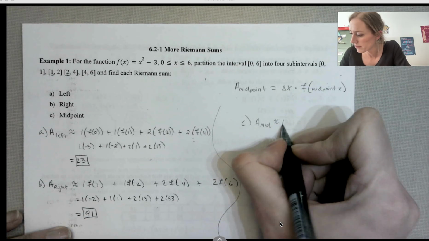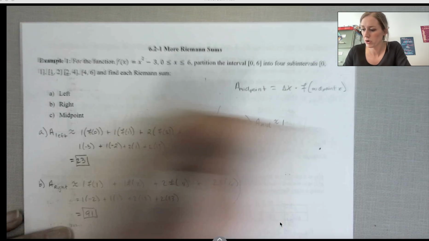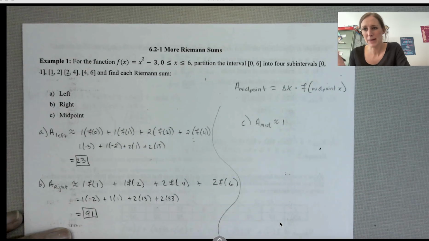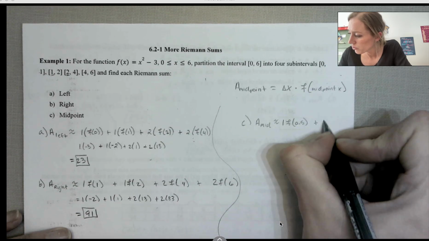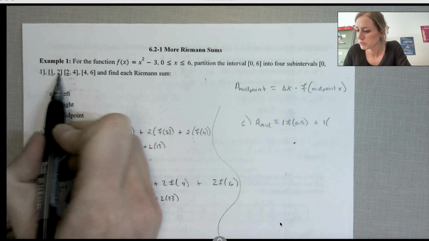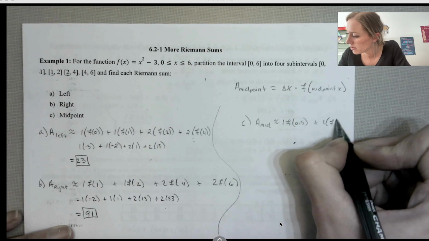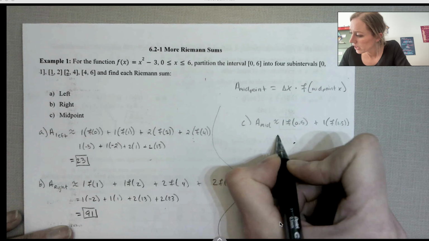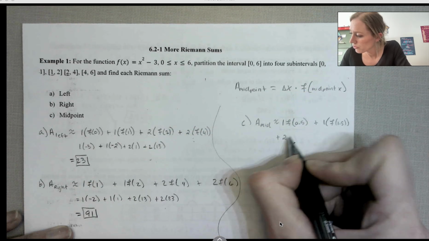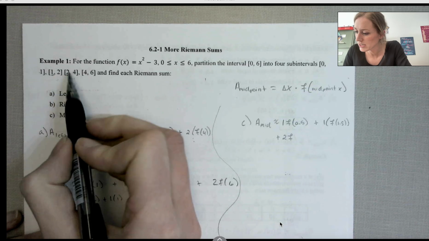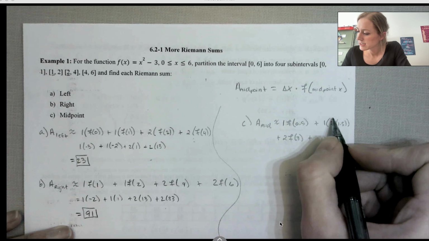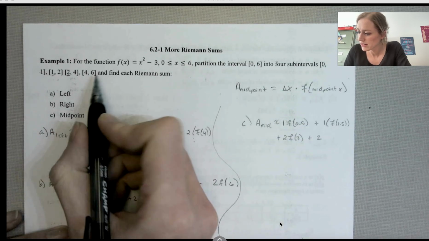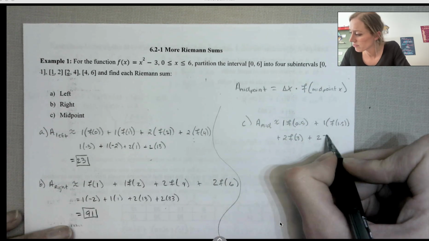Still 1 for this first interval. Now instead of using 0 or 1, we use the halfway point between 0 and 1, which is 0.5. So we do f of 0.5 plus 1 times f of, halfway between 1 and 2, which is 1.5. My third interval, delta x was 2, and halfway between 2 and 4 is 3. And last, delta x is also 2, and halfway between 4 and 6 is 5.